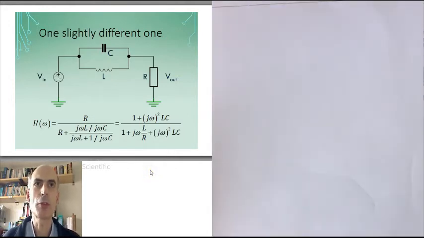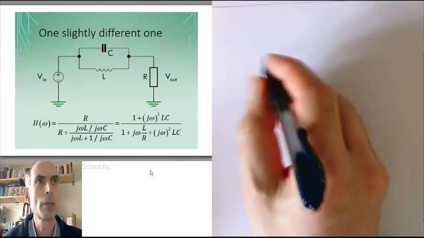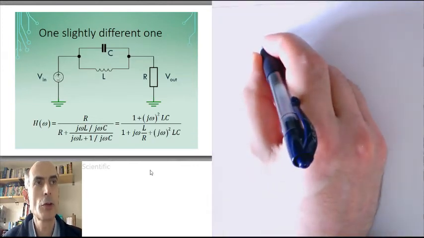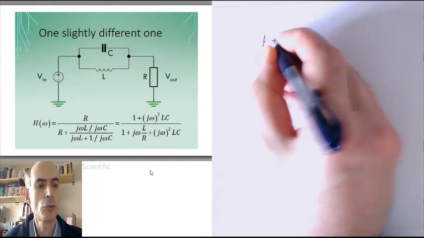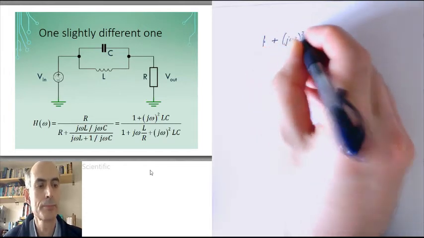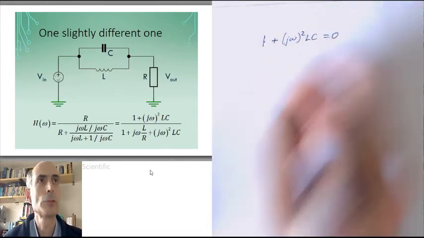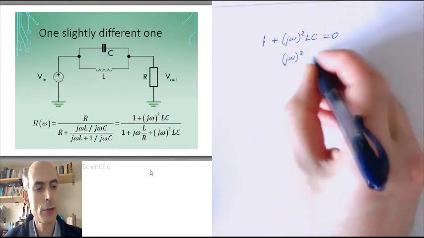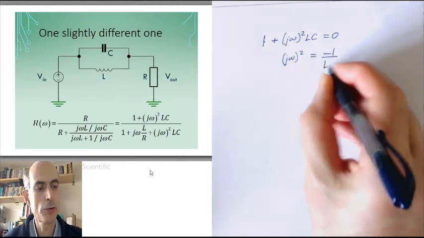I've got a quadratic on the numerator as well as on the denominator. And if I work out where those two zeros are, well, those two zeros are the values of j omega for which the numerator is equal to 0. So, in this case, they would be given by j omega squared equals minus 1 over LC.